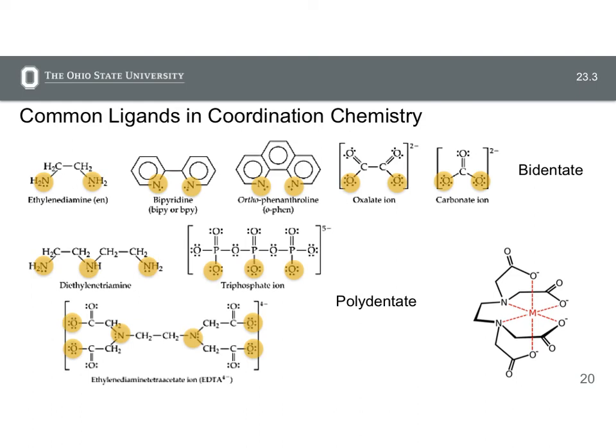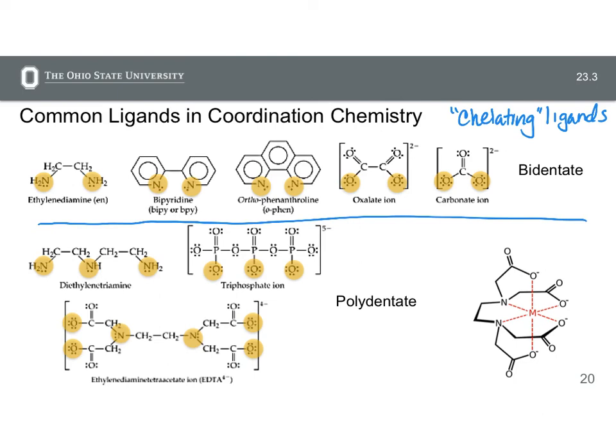The more interesting ones are those that are called chelating ligands. And there's a couple of categories. This top row of ligands are bidentate, meaning they bind to the central metal atom through 2 points on the ligand.